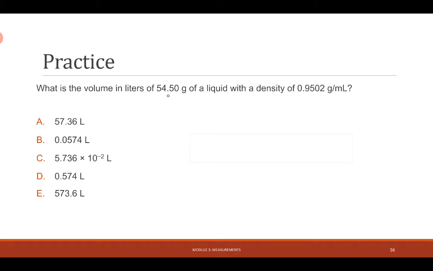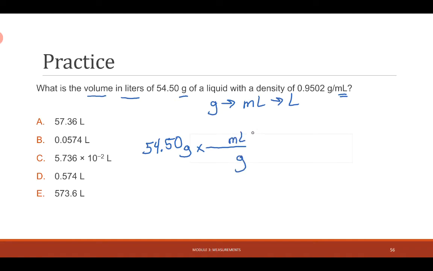Alrighty, let's go over this. So we are given grams and we are asked to find volume in liters, but this is going to give us milliliters. So if I set this up, I can go from grams to milliliters, and then I'll have to go into liters. So 54.50 grams. I will need to cancel out my grams, and I'll need to get into milliliters.